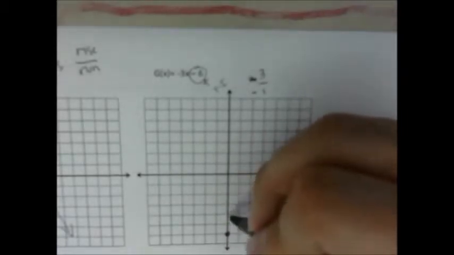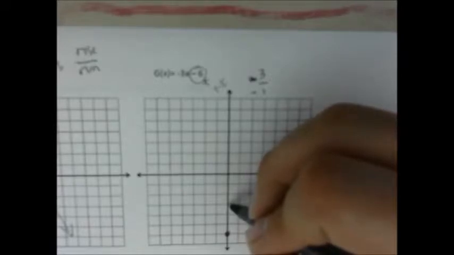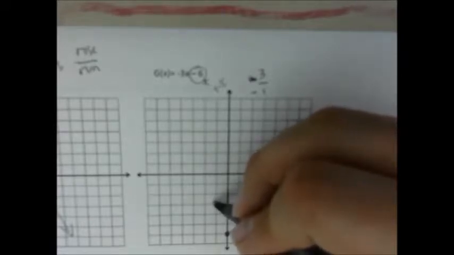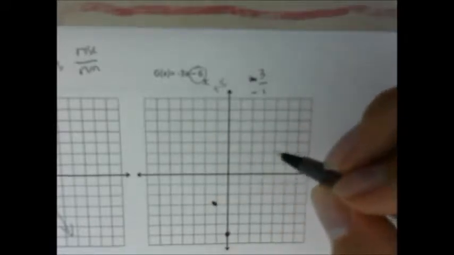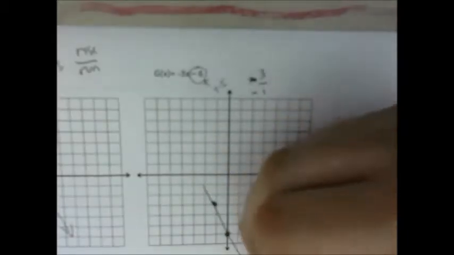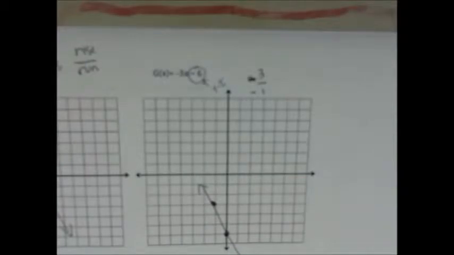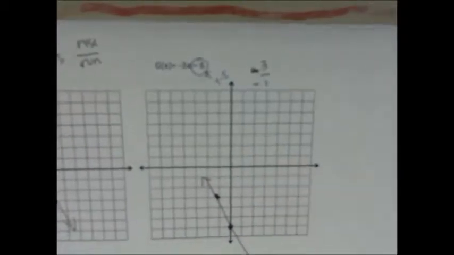So we went up 1, 2, 3, and over 1. Two points make a line. That's all you had to do.